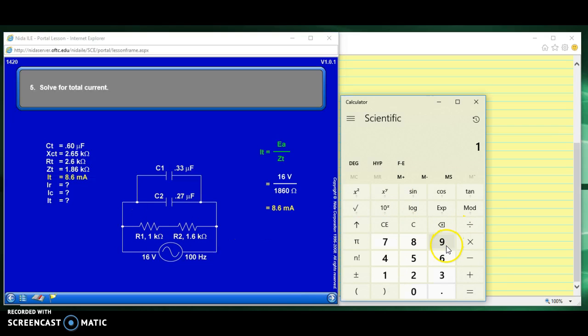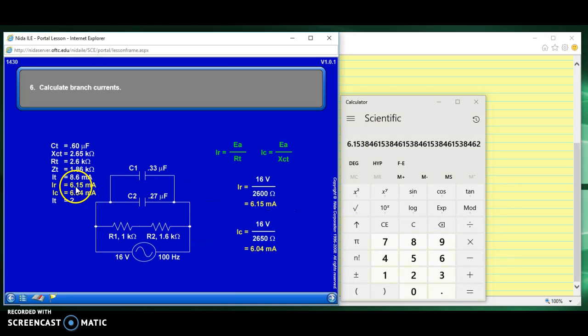So 16 divided by 2.6 gives us 6.15 milliamps, and that's what they got. They also did the IC, so 16 volts divided by 2.65 gives us 6.03, with some rounding, 6.04.